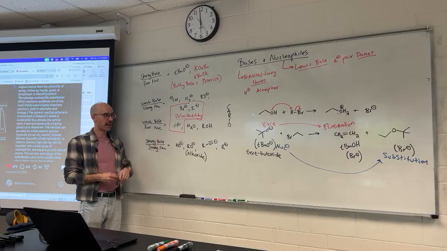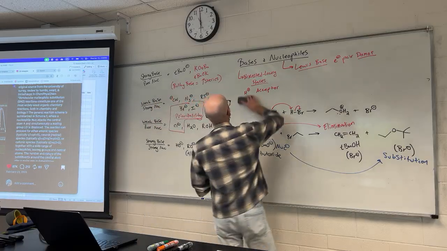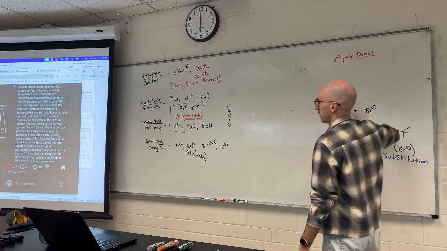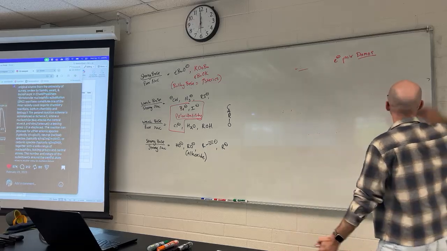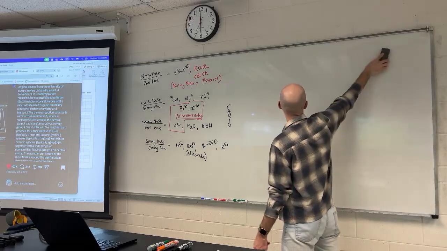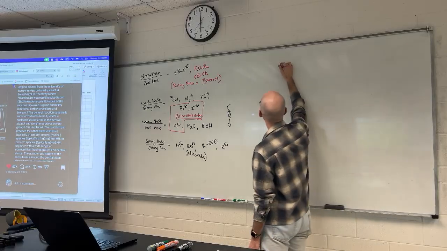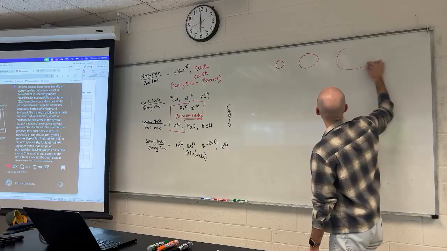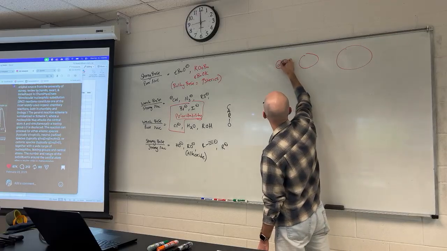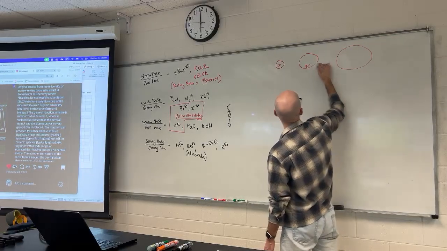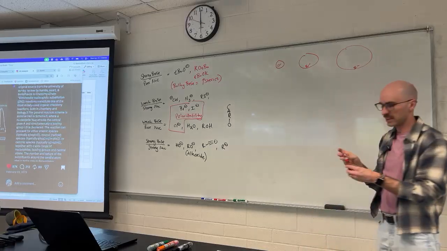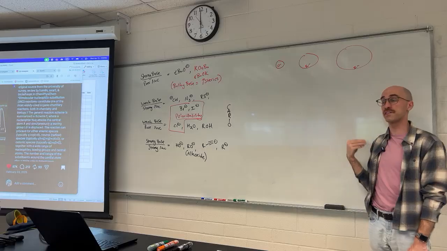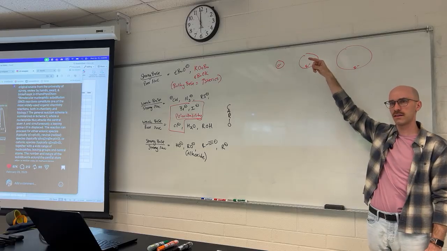As a negatively charged ion, it doesn't have any inherent partial charge. It has a net negative charge, but it doesn't have any partial charge. But as we go from a smaller ion to a larger ion, the nucleus inside the ion can find itself isolated towards one side of the electron cloud.